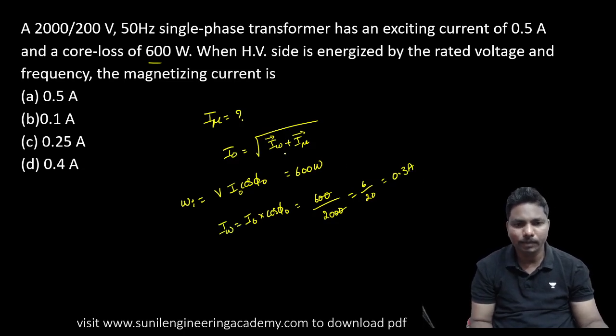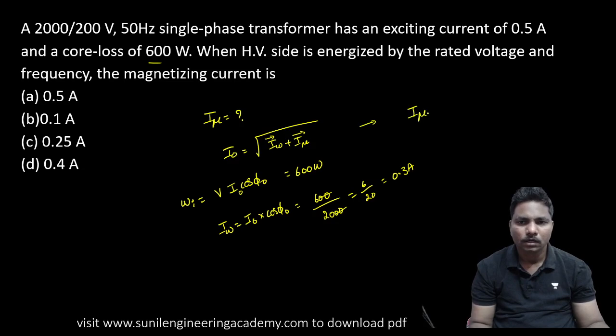So you are getting IW, and you need to get IMU. IMU square plus IW square is equal to I naught square. The exciting current they have given is 0.5.